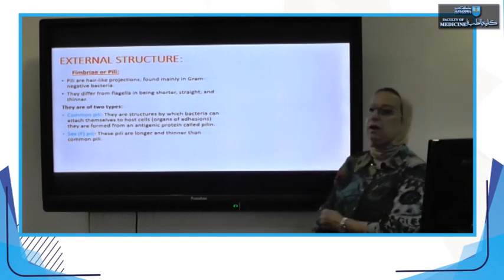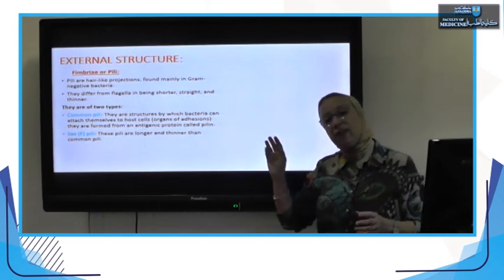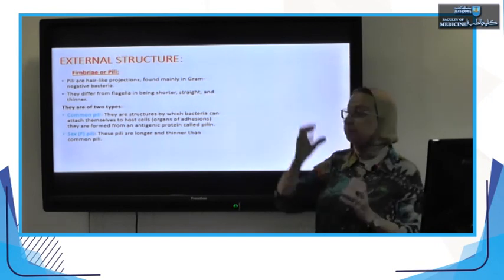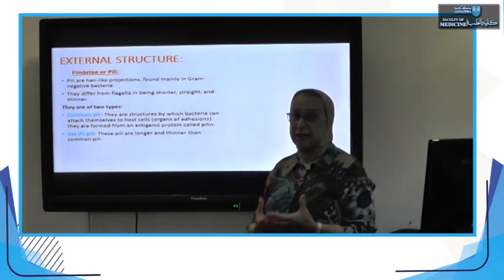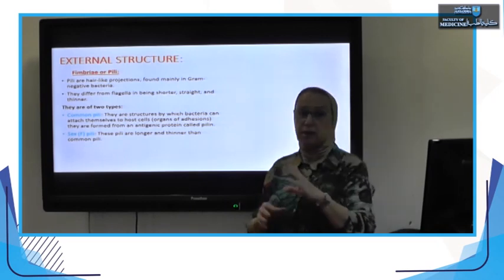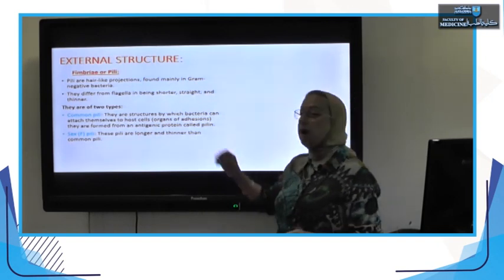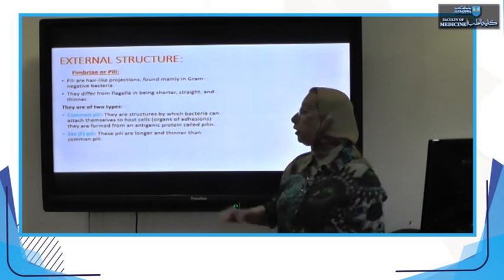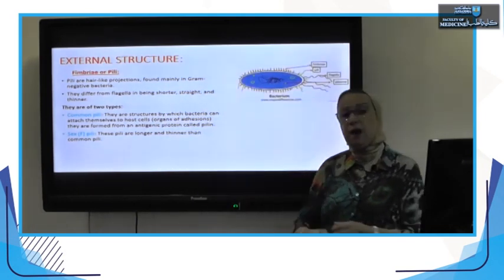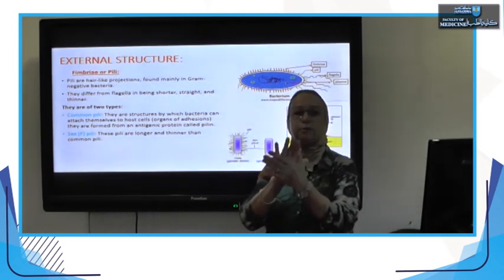The other projecting structures are the pili or fimbriae. These are thin, hairy projections outside the bacterial cell, and they are formed of a protein called pilin, and they are short, straight. They're not firmly attached to the inside of the bacterial cell, and they are of two types: the common pili and the sex pili. The common pili are responsible for attachment.